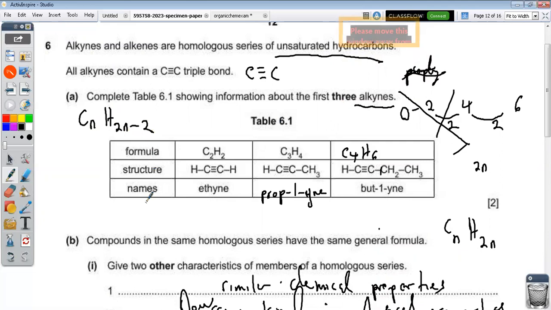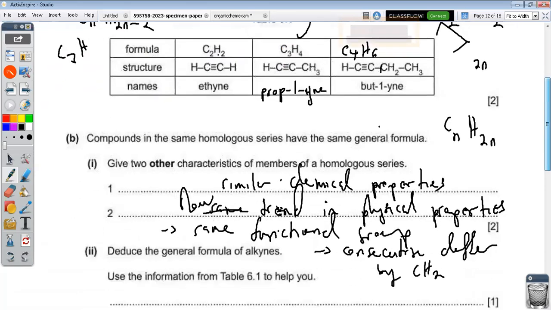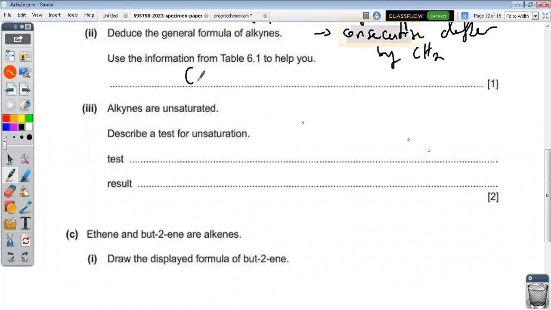Anyway, if you lose the 1 mark, it won't stop you from getting an A star or an A. So let's see if it works. When C is equal to 1, sorry, when C is equal to 2, it will be H2 here: 2 times 2 is 4, minus 2 is 2. Let's work here. When C is equal to 3, it's C3, H: 2 times 3, 6, minus 2, 4, correct? Can you see that? So it's CnH2n minus 2. Clear?